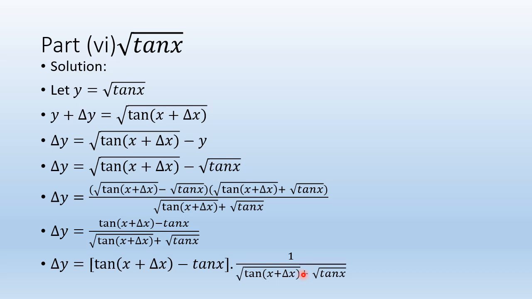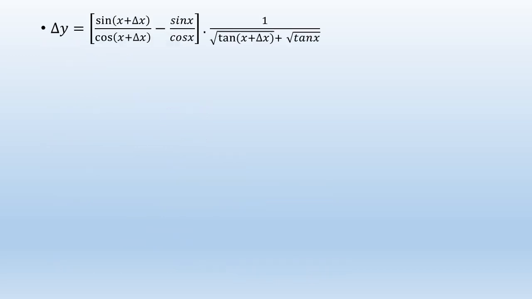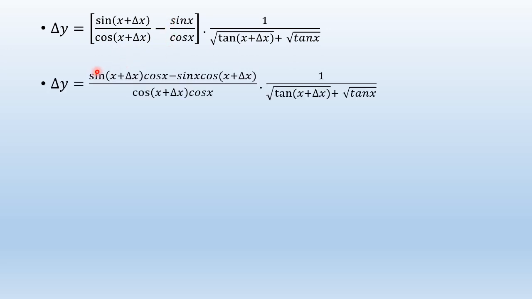So let's get to the next step. Here you see we have converted tan x plus del x into sine x plus del x by cos x plus del x, and tan x into sine by cos, and this expression is as it is. Now you can take the LCM, so just take the LCM. And what happens now?